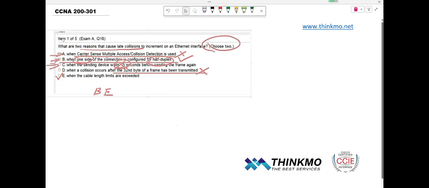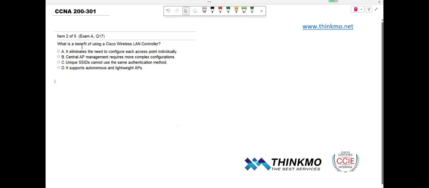Look at the second question. The second question asks about using Cisco's wireless LAN controller. What are the benefits of using Cisco's wireless LAN controller?